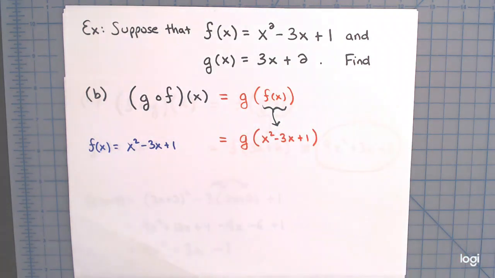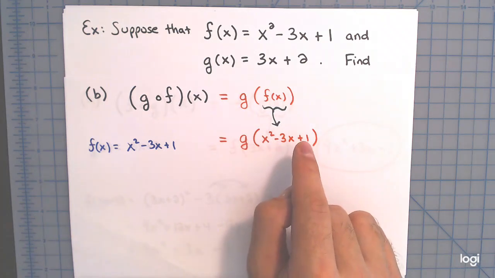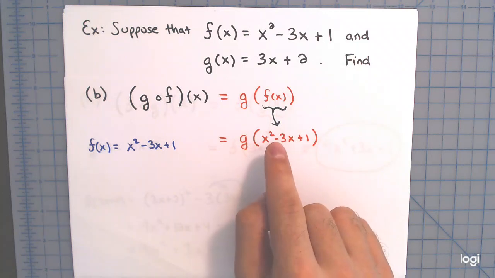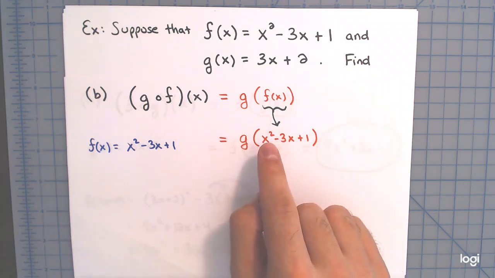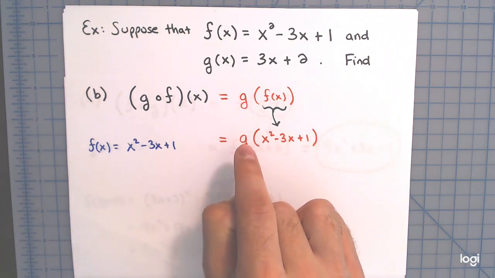Again, it looks crazy because it's not a single number, but it is an expression, and every expression represents a number. So I take this number, x squared minus 3x plus 1, and I'm plugging that into g.